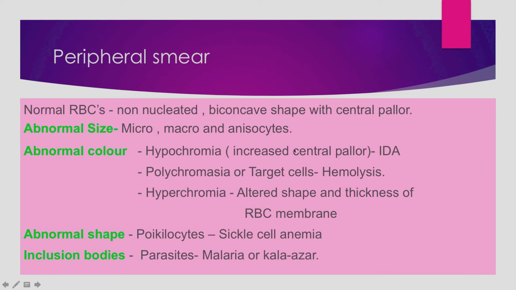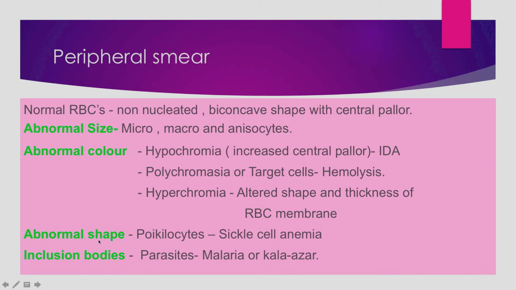Hypochromia is generally seen in iron deficiency anemia, whereas hyperchromia is seen in some RBC membrane defects, which we will study later on. Polychromasia means the color will be altered. It is seen in some hemolytic conditions where we see the target cells.